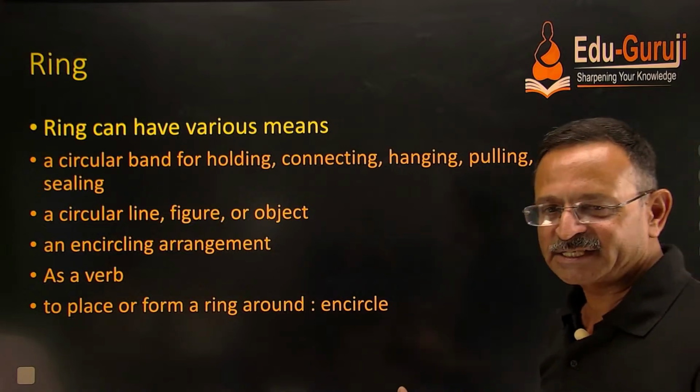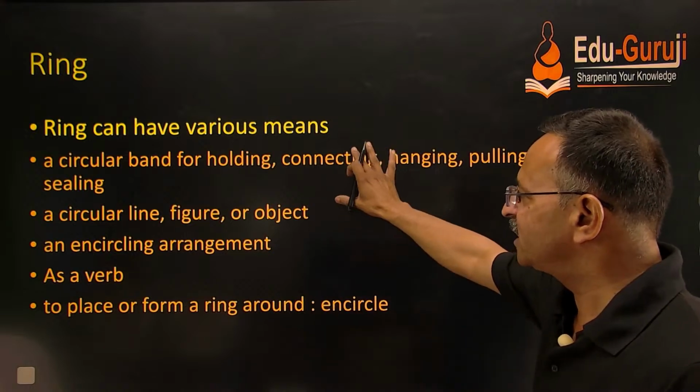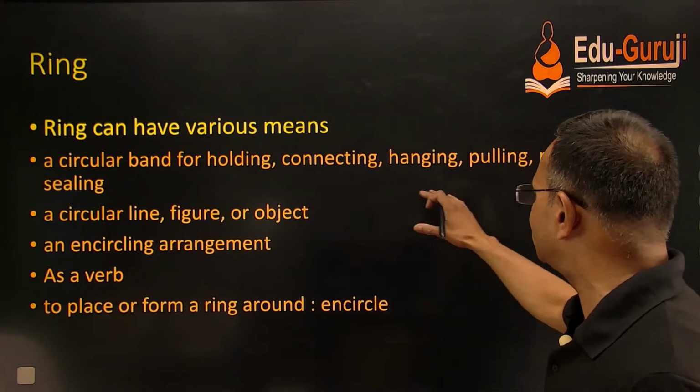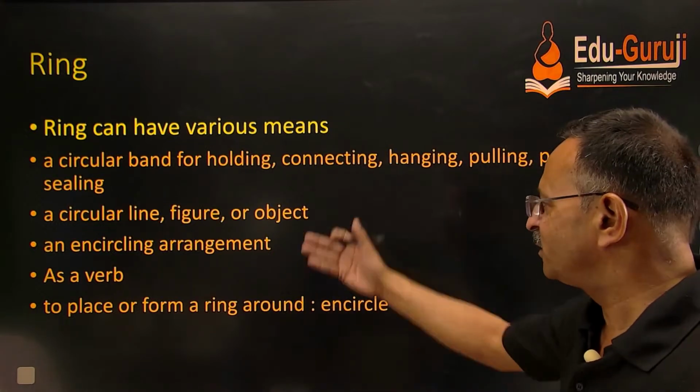Now let's see the meanings. What are the various meanings ring can have? So ring can have various meanings: a circular band for holding, connecting, hanging, pulling, packing, sealing. I mean, it's not a new thing, everybody knows it.